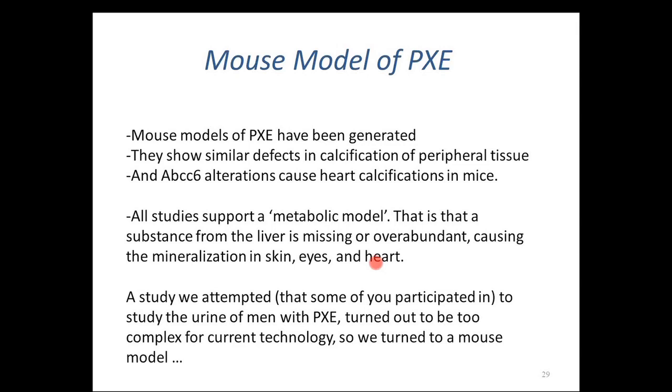And so it seems from this evidence that if you move a liver from a PXE patient into someone who doesn't have PXE, that new individual basically generates PXE. So basically validating this model that the cause of the disorder is a defect in the liver, and it's something metabolic, it's something circulating in our blood.